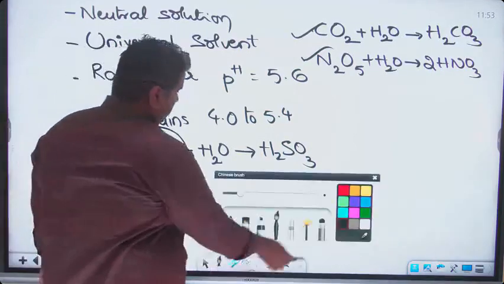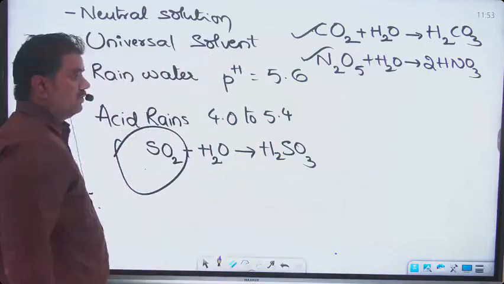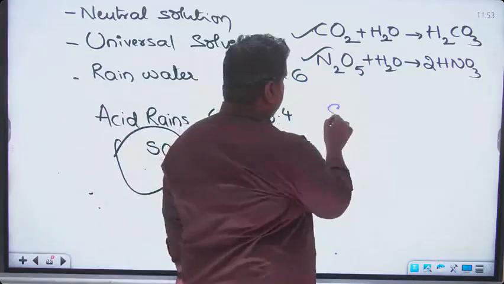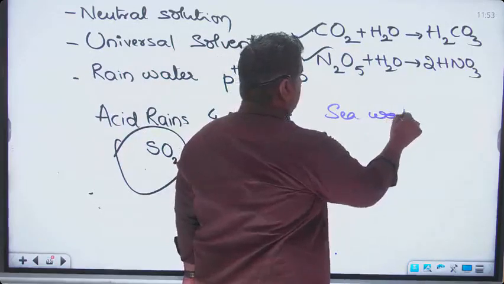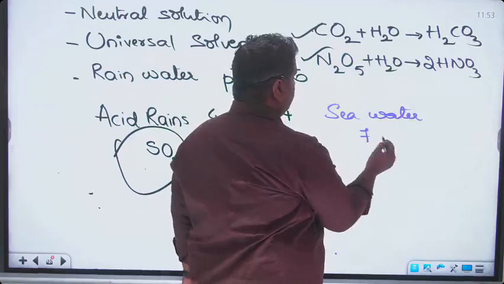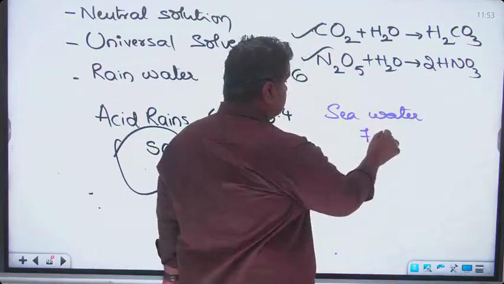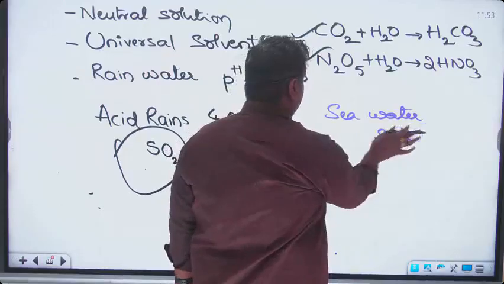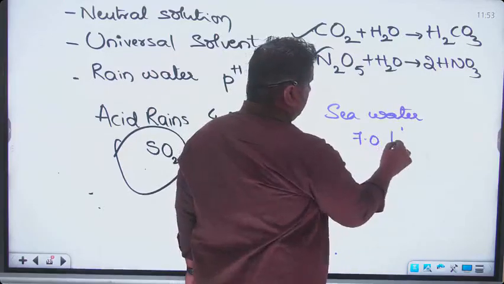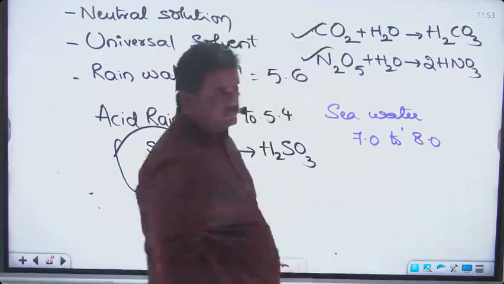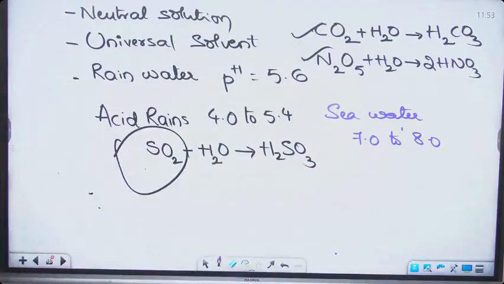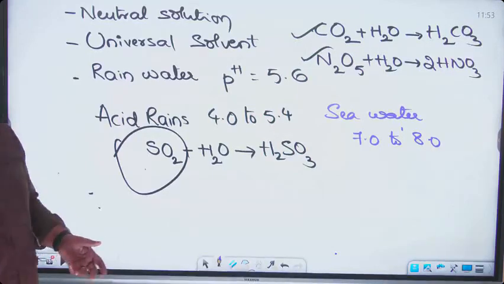At the same time, the moment you're talking about the case of seawater, samudramloni neellu. So seawater has a pH value of 7.0 to 8.0. So basic or acidic? Basic nature. Seawater is basic in nature. And the question is that why?